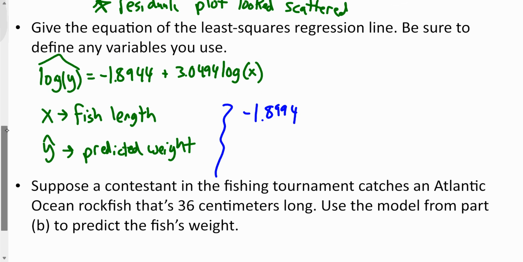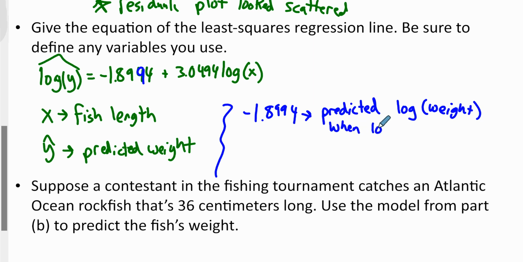So I just wrote it wrong here. That is the predicted log of the weight when the log of the length is 0. That is important to know. With the numbers, we do have to state that, because that's where these numbers are coming from.